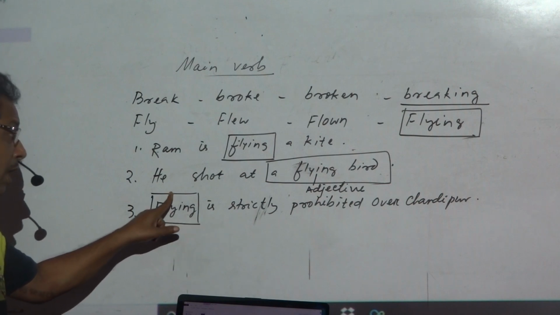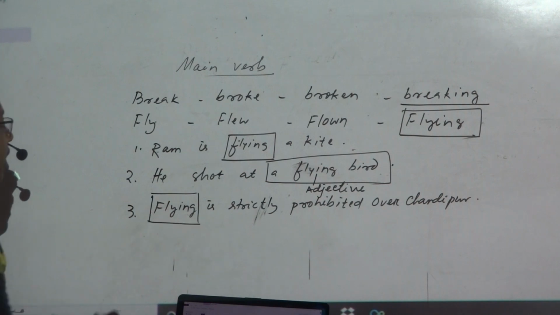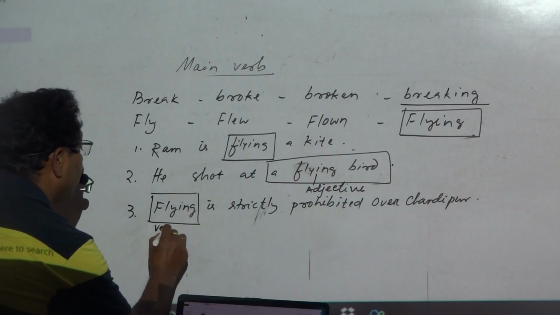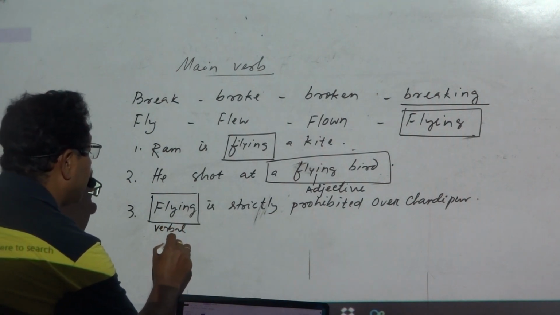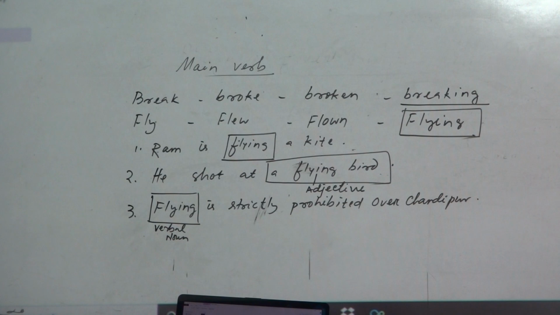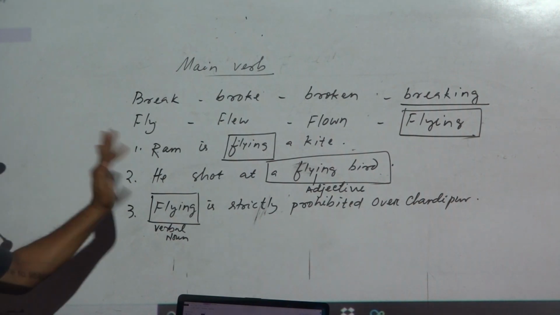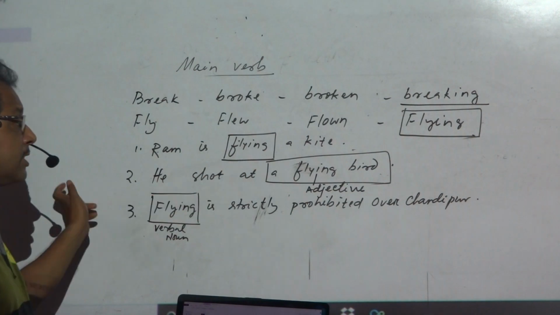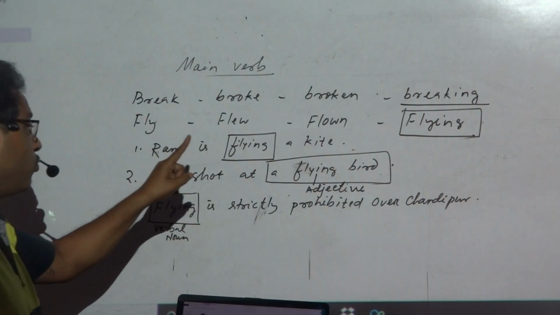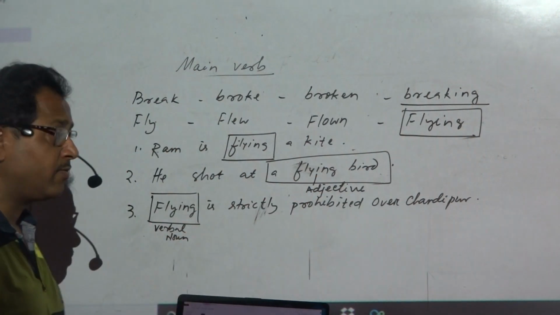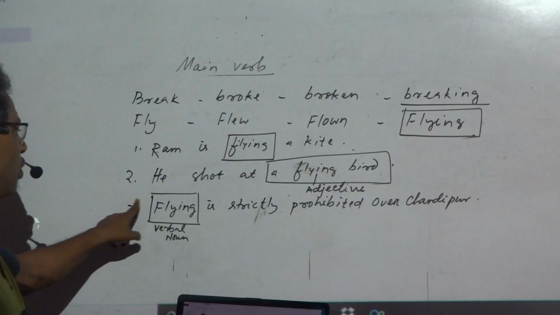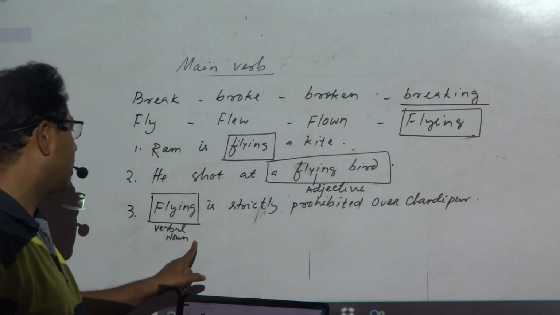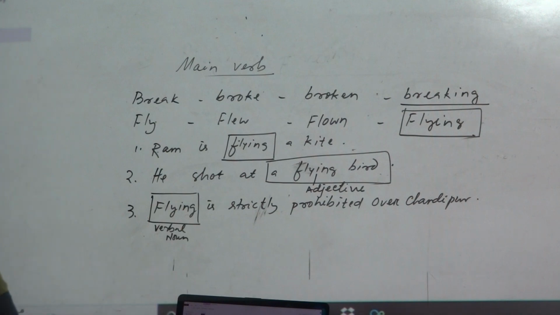This flying is a noun, and it's a verbal noun. Did you get the sense? In the first sentence, flying is a verb. In the second sentence, flying is an adjective. In the third sentence, flying is a noun.